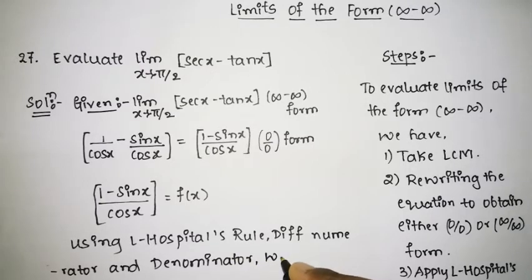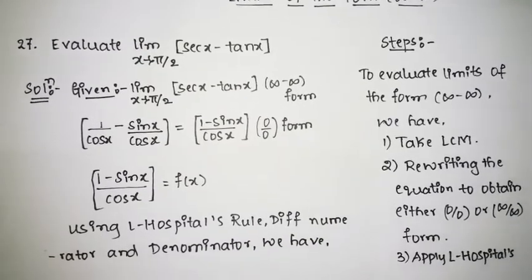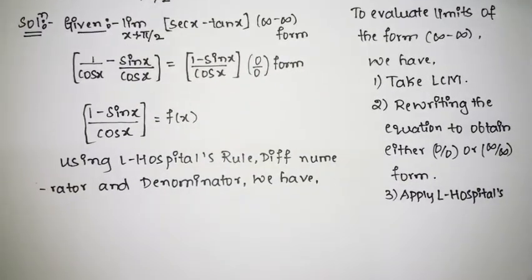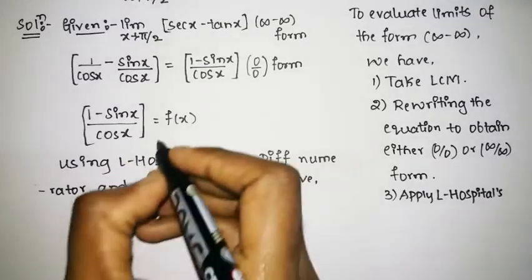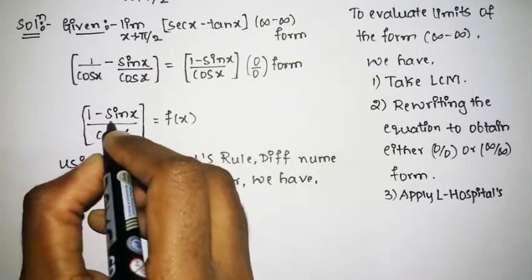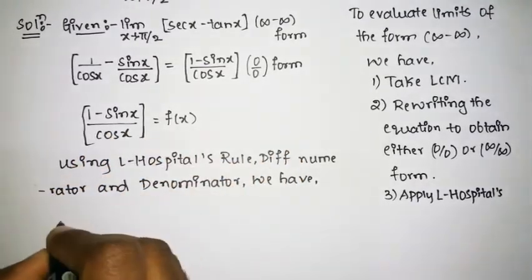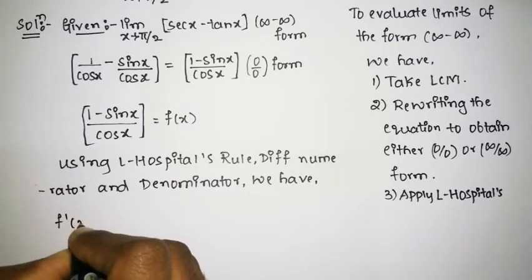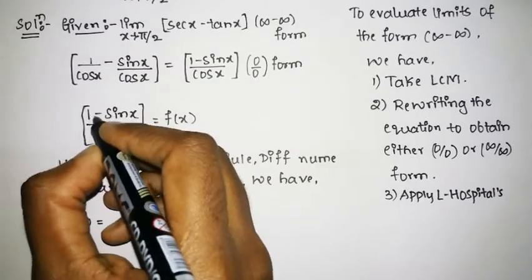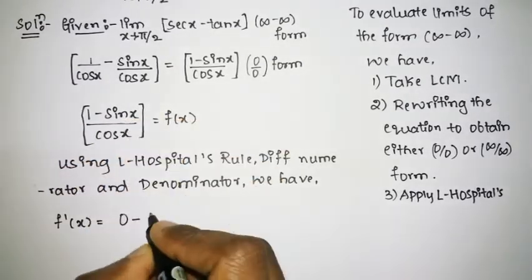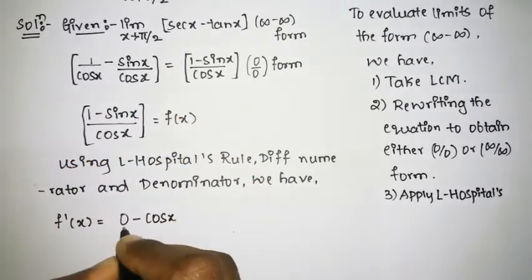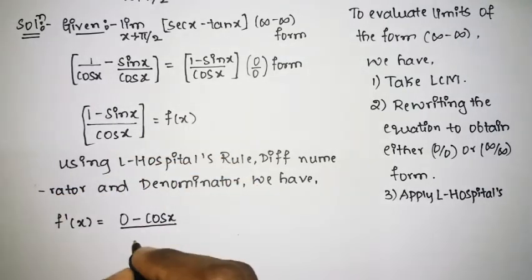We have f of x equal to 1 minus sin x divided by cos x. So differentiation of f of x will be f dash of x equal to: differentiation of 1 is 0, minus differentiation of sin x, which is cos x, then the whole divided by the differentiation of cos x, which is minus sin x.